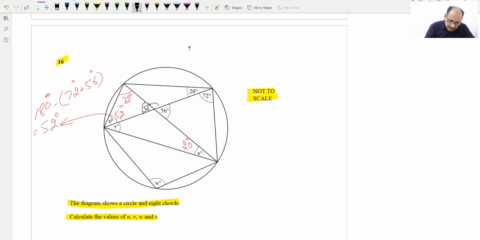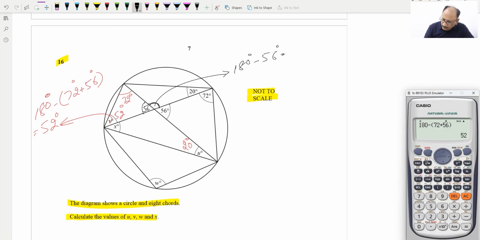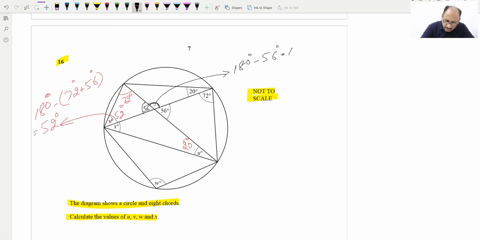Basically this angle is 360 minus 2 angles. So we can calculate here. This will be 180 minus 56. So 180 degrees minus 56 degrees is equal to 124.